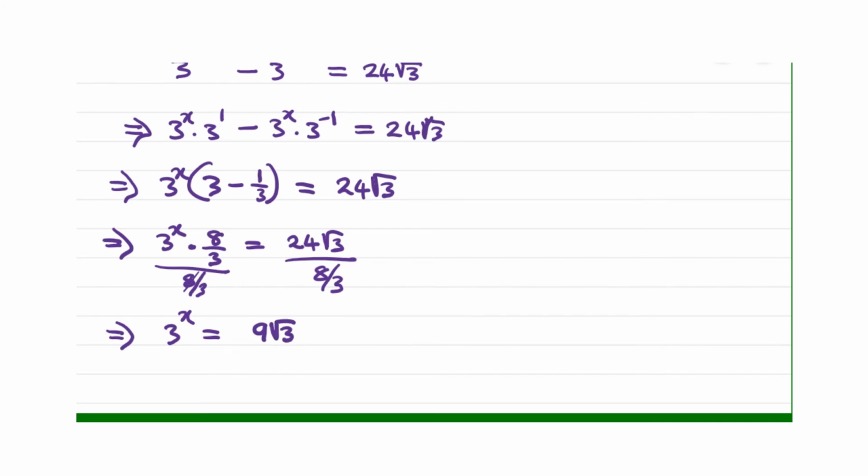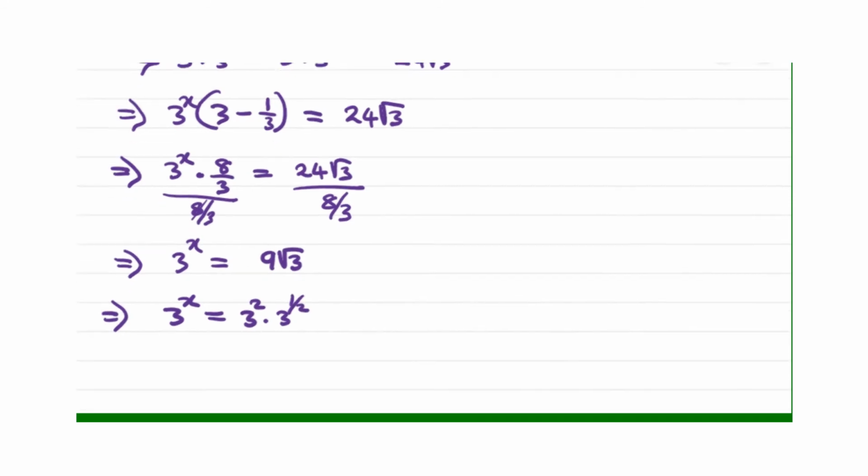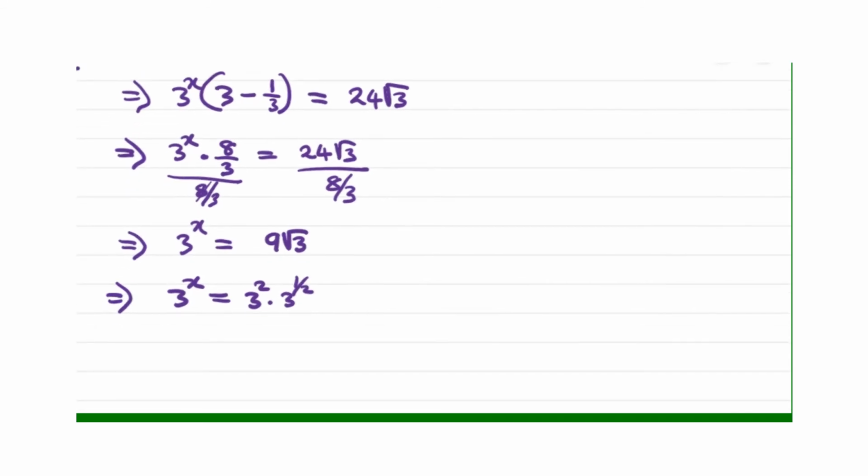Then the moment you have 9 root 3, we can even rewrite it. It means 3 to the power x is equal to 9 root 3. It means it will be 3 squared multiplied by 3 to the power half. Yes, 3 squared is 9. 3 to the power half is square root of 3.